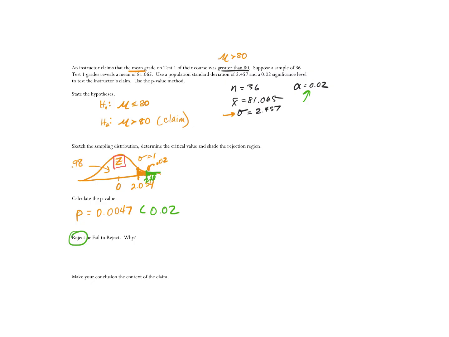So p-value method, if I ask you to justify why you're rejecting, you're going to reject because the p-value is smaller than alpha, okay? So technically, the answer to this first question is p equals 0.0047, and why we're rejecting is that that value is smaller than 2%.